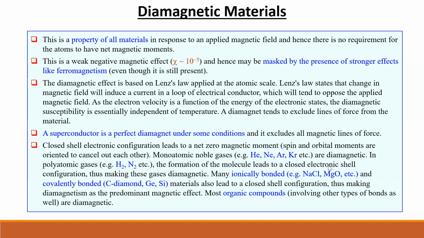Other examples are sodium chloride, magnesium chloride, carbon diamond, germanium, and silicon, which also have a closed shell configuration, thus making them diamagnetic as the predominant magnetic effect. Most organic compounds are also diamagnetic.